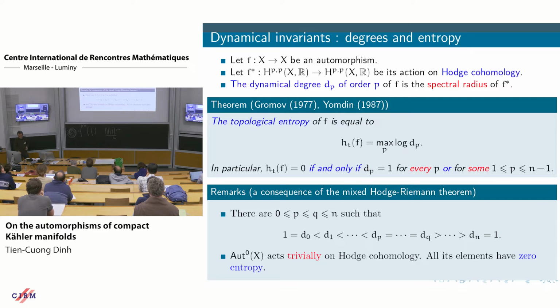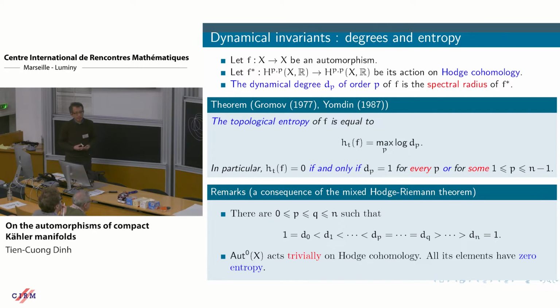In particular, you see that the topological entropy vanishes if and only if d_p is equal to 1 for every p, or you can show also that it is equivalent to the fact that d_p is equal to 1 for some p between 1 and n minus 1. It's not difficult to prove this.